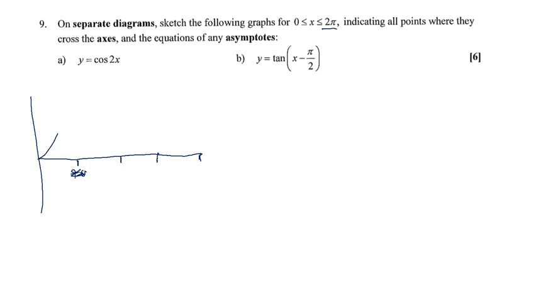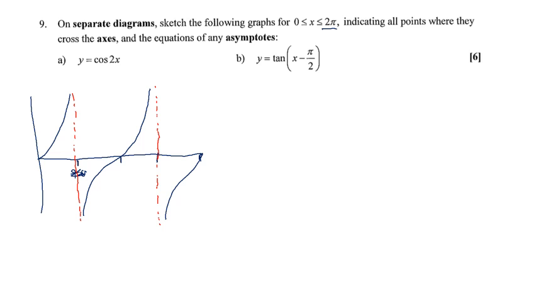So what tan looks like is like this, and then it has an asymptote. And then it's going to have another asymptote here, which if you're working in degrees would be at 270. We're working in radians, but we'll get to that. And then the rest of the graph therefore looks something like this, and something like this.